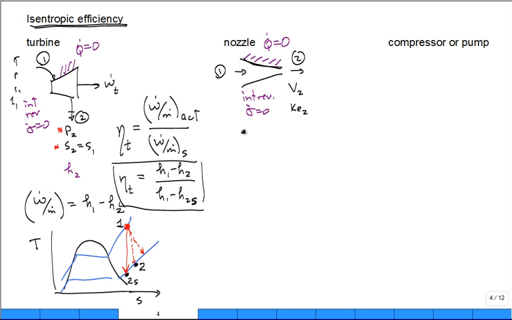It's isentropic flow, such that V2S will be greater than V2 actual, or the kinetic energy at 2S will be greater than the kinetic energy at 2 actual. So here we have an efficiency for a nozzle, and the efficiency for the nozzle is what is your kinetic energy on the exit compared to the specific kinetic energy on the exit if it was isentropic.